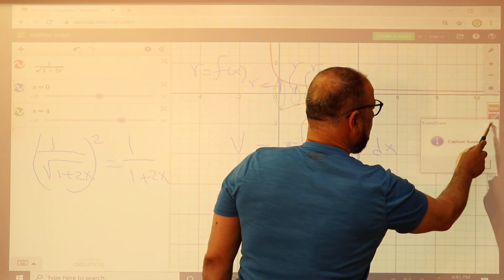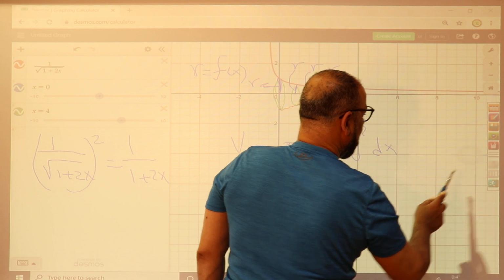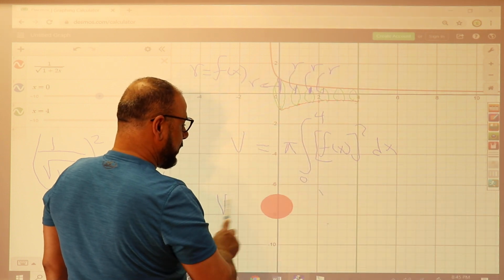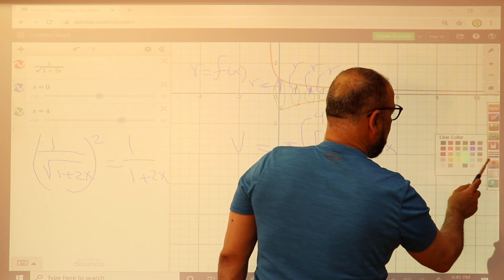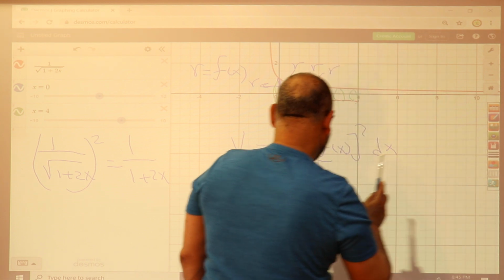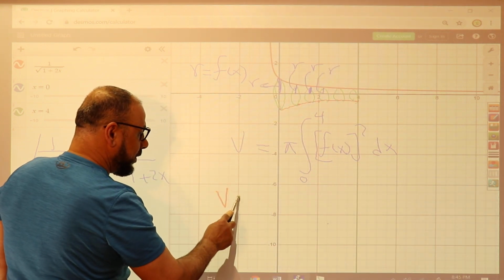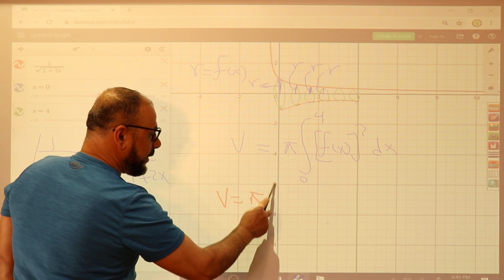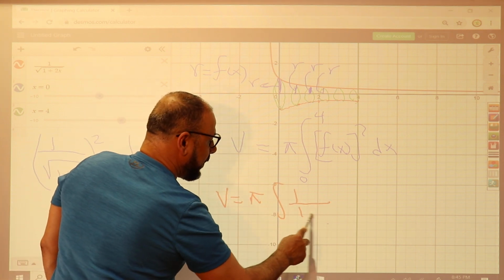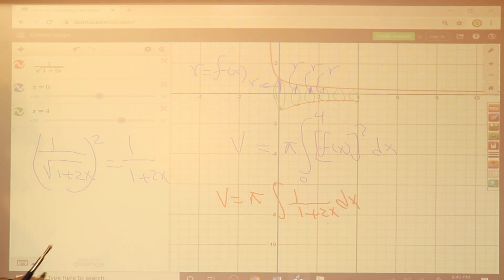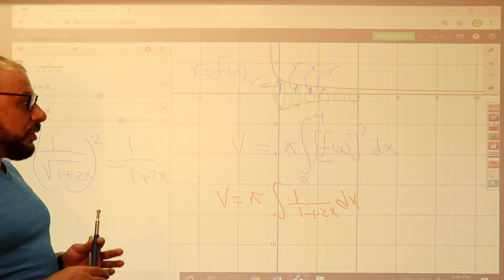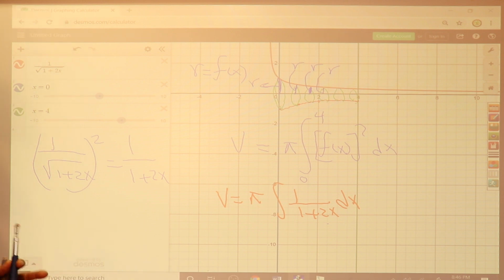Let me take a different color for this. Okay, red. Then volume equals pi times the integral of 1 over 1 plus 2x. Now, at this level of calculus, you should be ready to solve this problem.